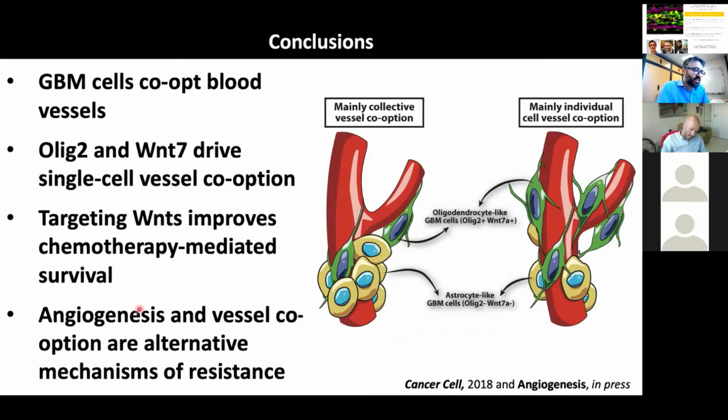I didn't show you anything about angiogenesis, but we finished this project also with an interesting consideration: whenever we stop vessel co-option, the tumor becomes more angiogenic, and whenever we stop angiogenesis, the tumor becomes more vessel co-opting. So those are two alternative strategies.